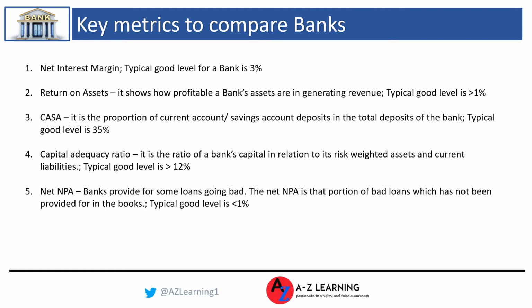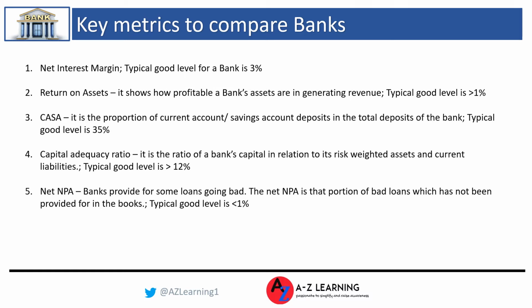How good they are in terms of lending it, and at what rate of interest they are lending it, all decides how good they are in using their assets to generate revenue, and that is measured through return on assets. Typically, a return on assets of more than 1% is seen as a good level. Anything less than 1% return on assets, the bank has a few questions to answer there.